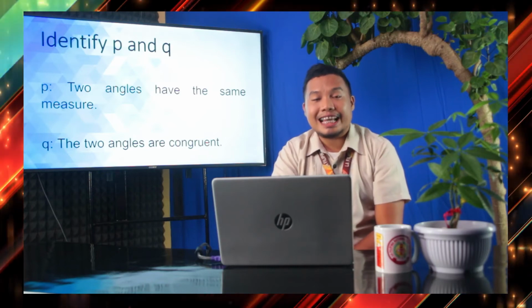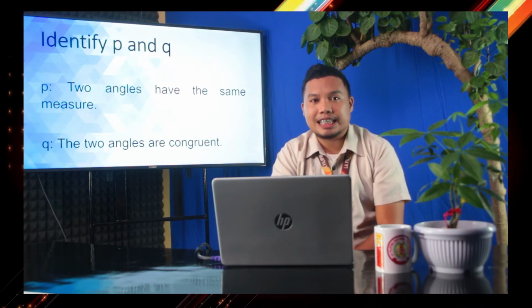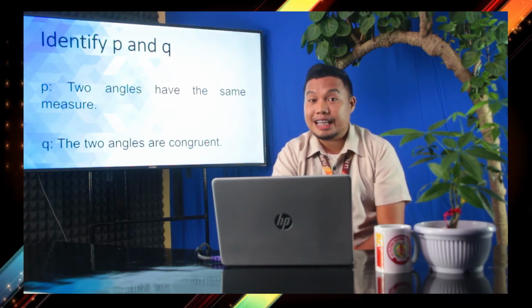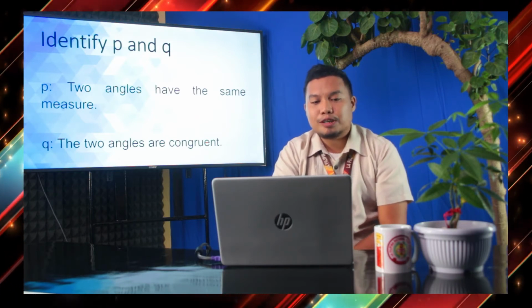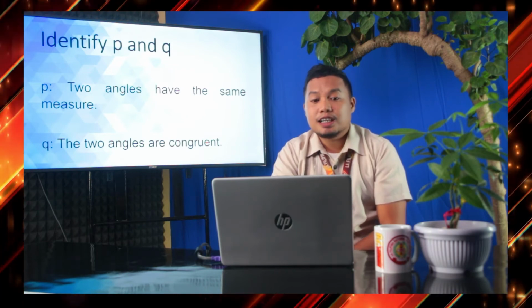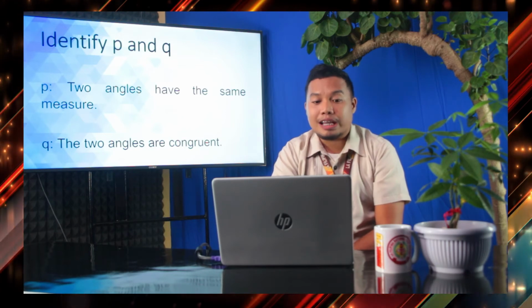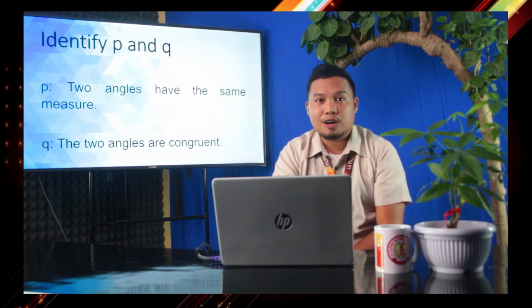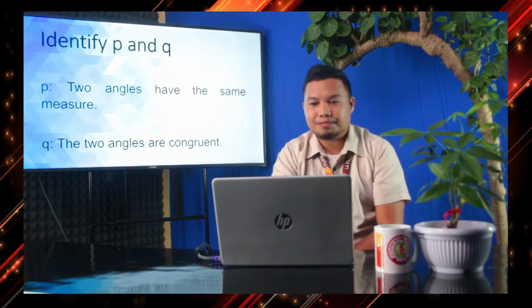So first, we have to identify the hypothesis and the conclusion, or identify P and Q. Our hypothesis for that if-then statement is two angles have the same measure, while our conclusion, or the Q, is the two angles are congruent.